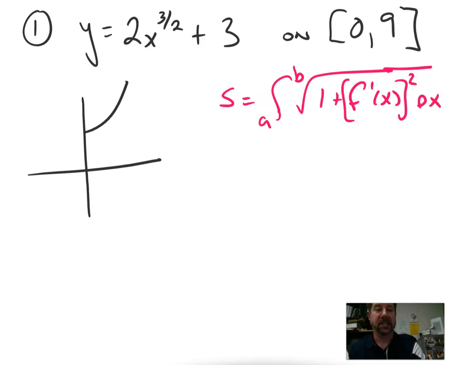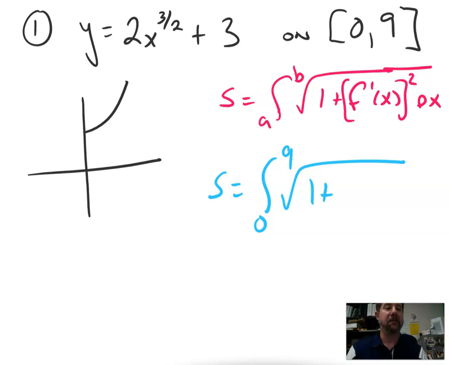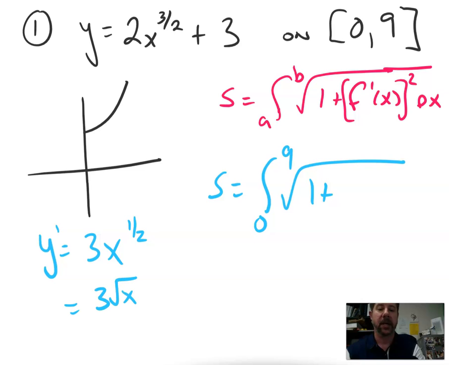In this case, the length of our curve is, going from 0 to 9, our limits, root 1 plus, I need to find f prime of x, so I've got to find the derivative. I'm going to come to the side here: y prime is 3 halves times 2 is 3x to the 1 half. The derivative of 3 is 0, so y prime is equal to 3 root x.